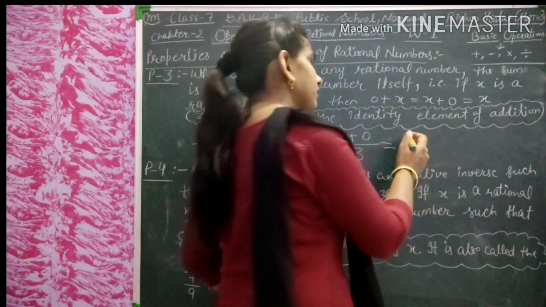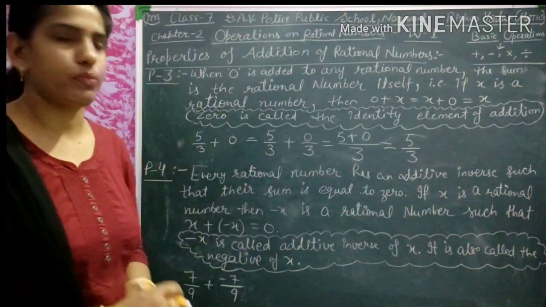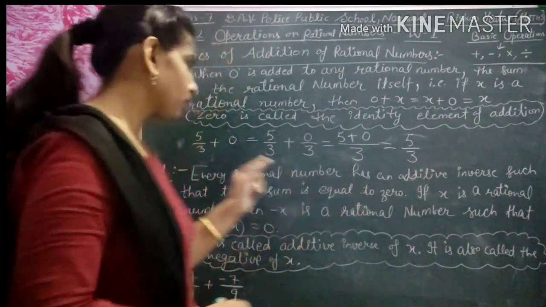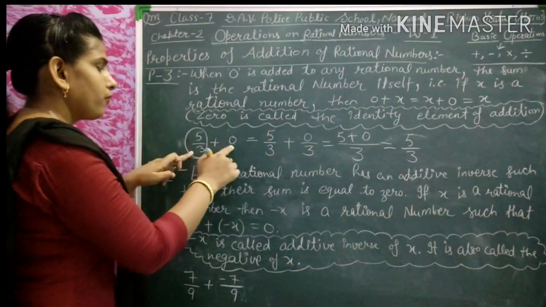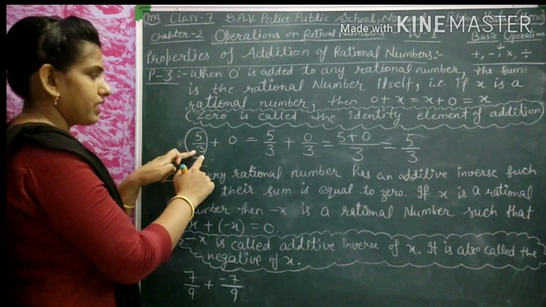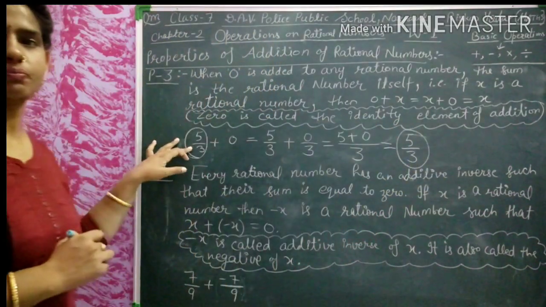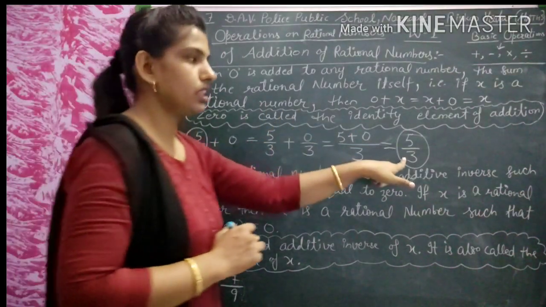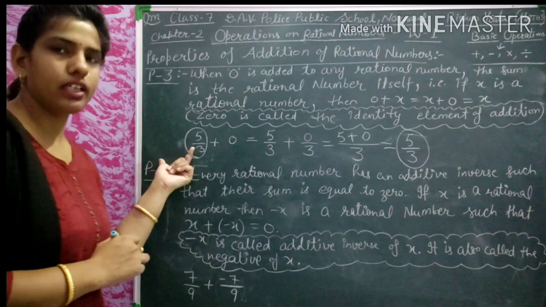So 5 plus 0 equals 5, and the answer is 5/3. So we see that if we add 0 to any rational number, it becomes the number itself. This is the process. Is it clear?